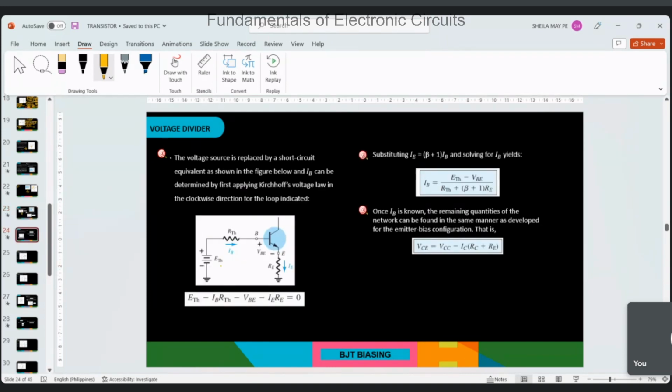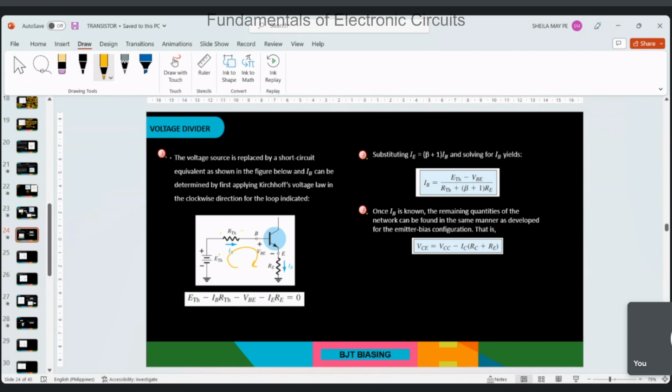Okay. Now, to loop class, we need to do this. So that's ETH minus, okay, plus, this is plus minus RTH, IB RTH, because we are doing KVL, okay, Kirchhoff's voltage law, and then VBE, okay, minus IE RE equal to 0.